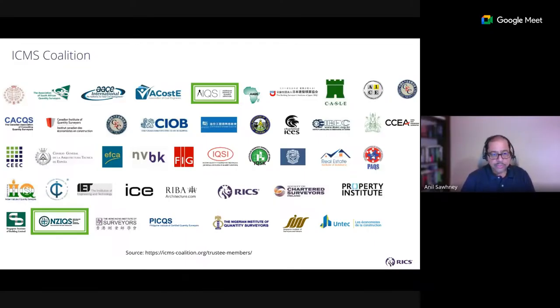As you will see on the left side of the screen, is another entity that's part of the coalition. So you will see so many coalition members who have come together to create this standard.